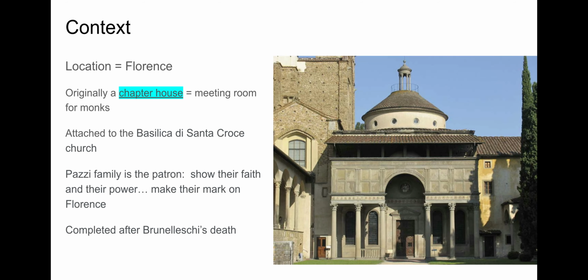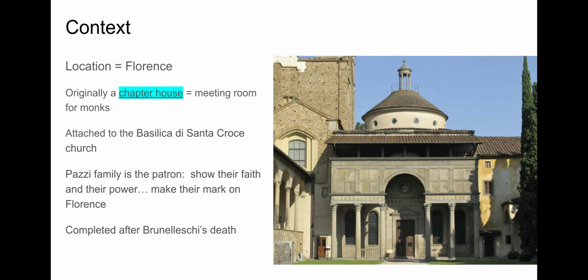It is attached to a larger religious space, Basilica di Santa Croce, and you can see that building a little bit on your left. It's called the Pazzi Chapel because of the family who is the patron. Like many patrons of this time period, they are a wealthy, merchant-based family, probably second only to the Medicis, or right up there with the Medicis.